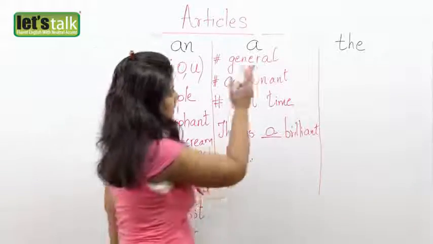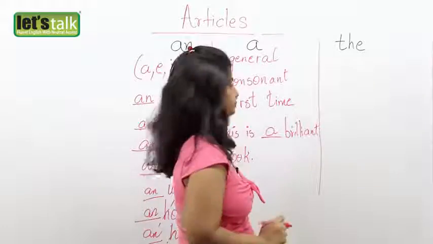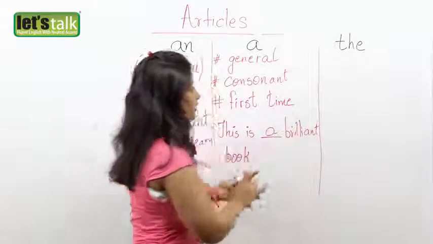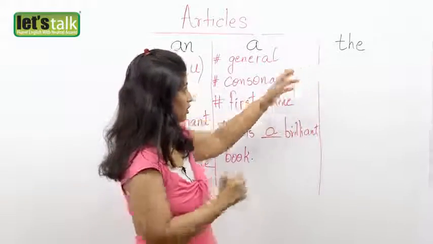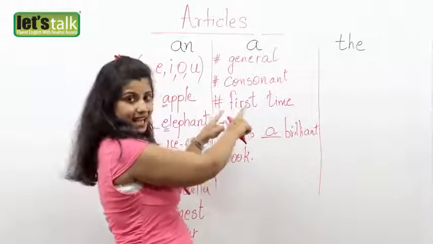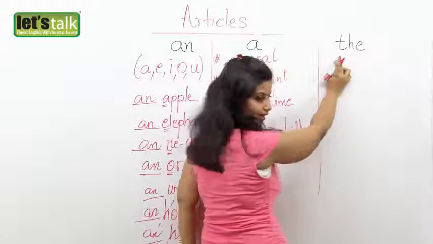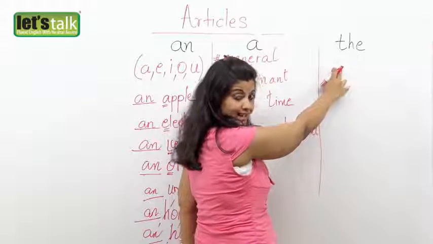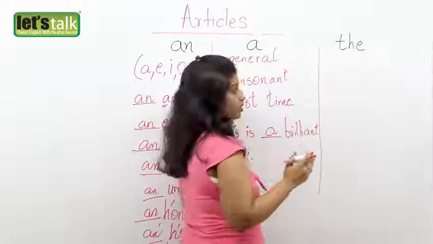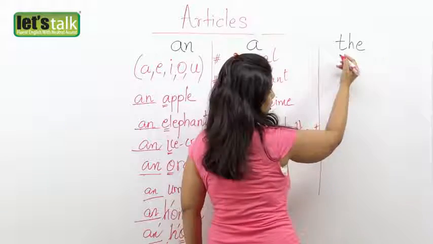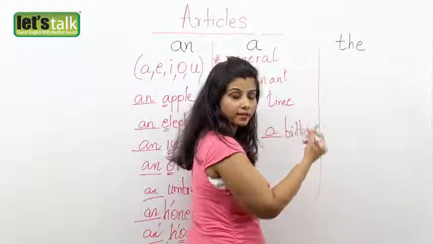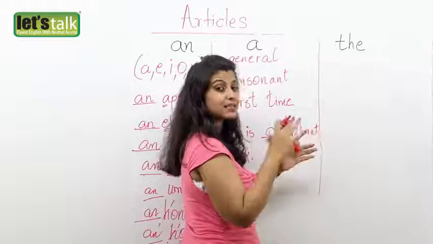Okay. Now let's come to the article the. When you come to the article the, you can actually relate a to the. I'll tell you how. If you want to place an article the in your sentence, you got to remember that you will write the when you are talking about something in specific.